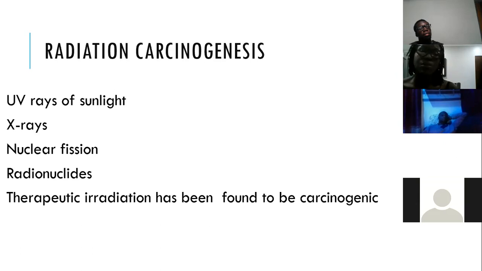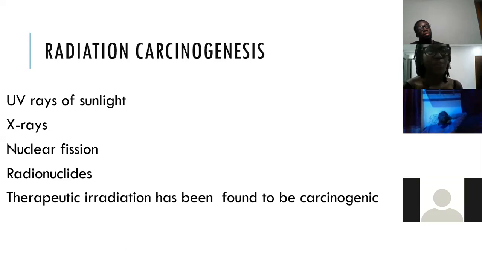Examples of radiation are the UV rays of the sun, which can cause skin cancer, especially in Caucasian skin, the skin of the whites, because they have little melanin, whereas our skin has a lot more melanin, so it filters out the ultraviolet rays of the sun and prevents them from acting on the melanocytes to cause cancer.